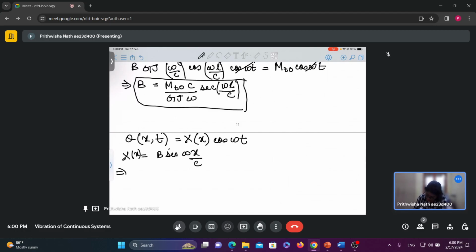Now this implies that theta x comma t equals, so in place of x I substitute this b sine omega x by c cos omega t.